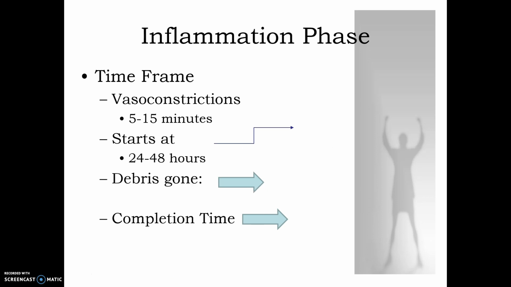Now, we know that we're going to get a bunch of our white blood cells in there to kind of clean up the mess that has occurred. So this debris, all this excess gunk, all the dead cells in there is going to slowly be taken away.